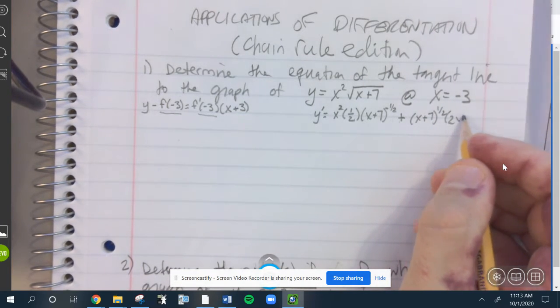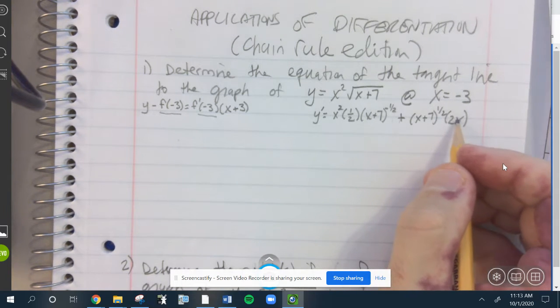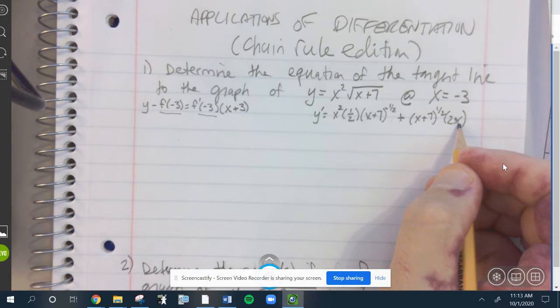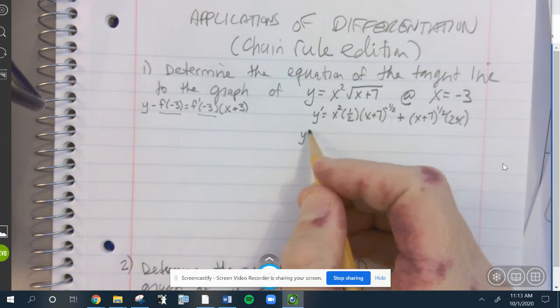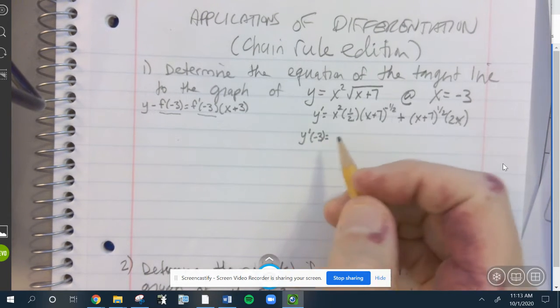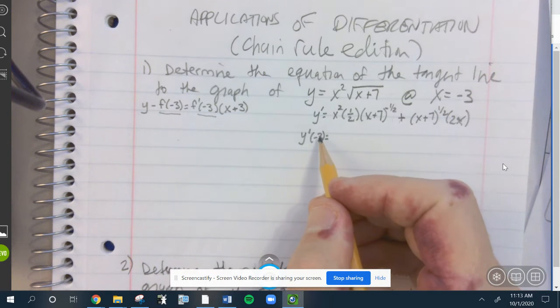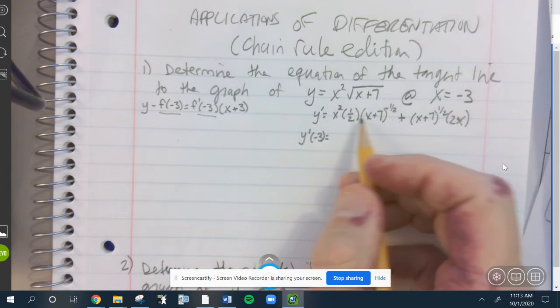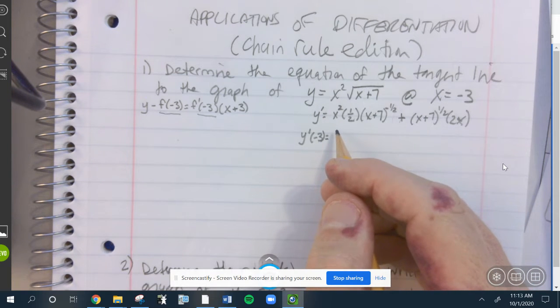So normally we're going to go through all this simplification. No need, because we're trying to find the derivative at a point, which was negative 3. So it's usually easier to work with that number, negative 3. So we can plug negative 3 into all the x's right now, because this is the derivative, just unsimplified.